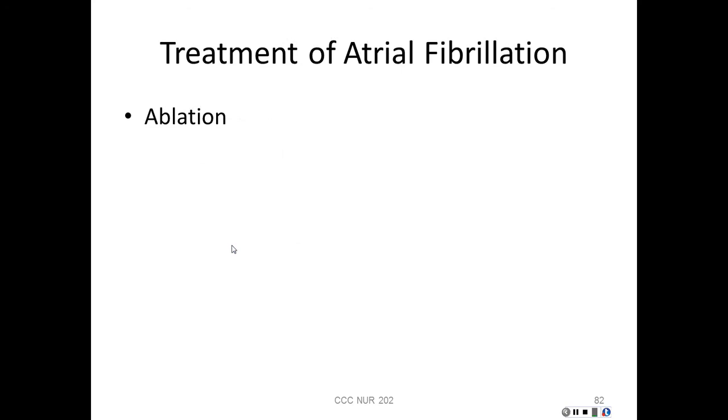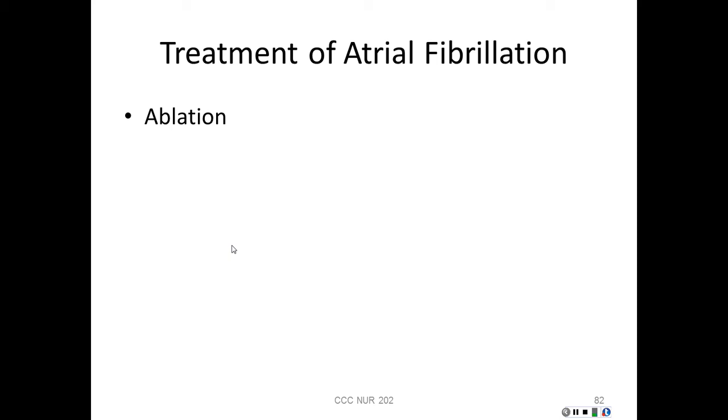We have trouble controlling the rate with the medications. The patients can't tolerate those medications to control the rates, and we can't get them cardioverted back over to a sinus rhythm. If we're having those issues, then these patients will go for an EPS study and an attempt to ablate, or basically burn, the pathway that's causing these problems.